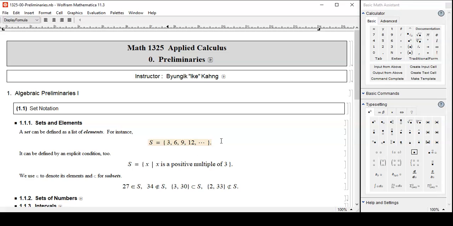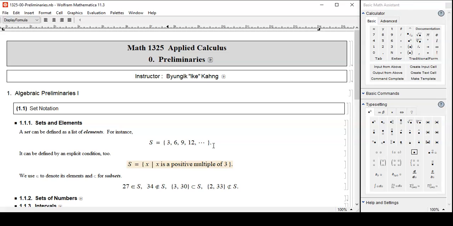Now that's one way to express a set, by taking a list of all the elements, or at least a pattern of it. Another way is to explicitly write down the condition. This thing is called the set builder expression.